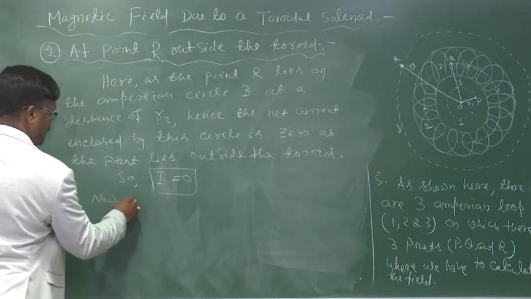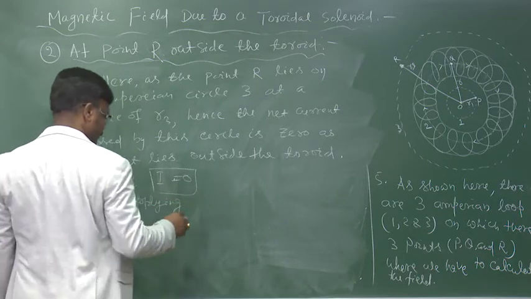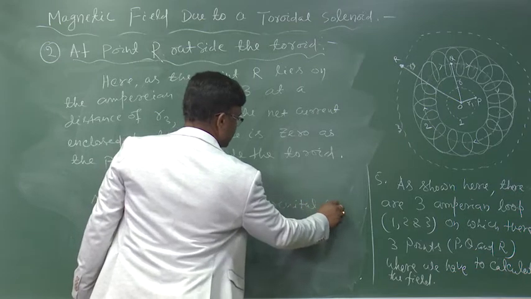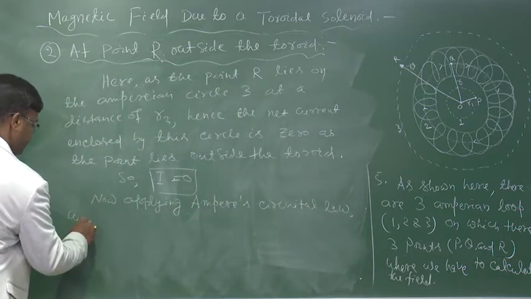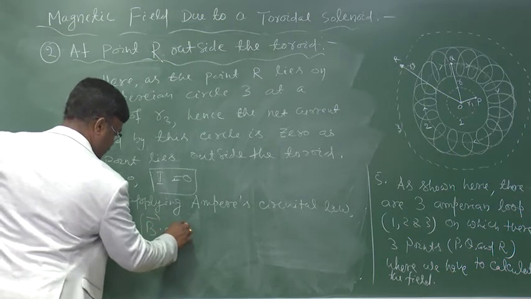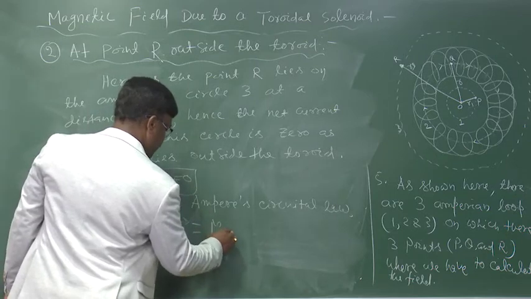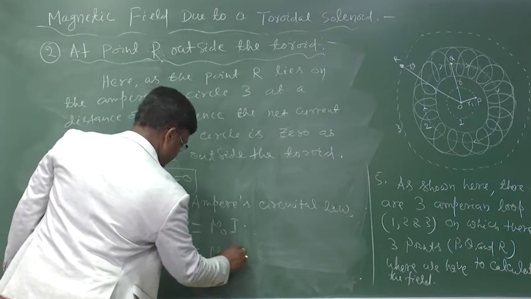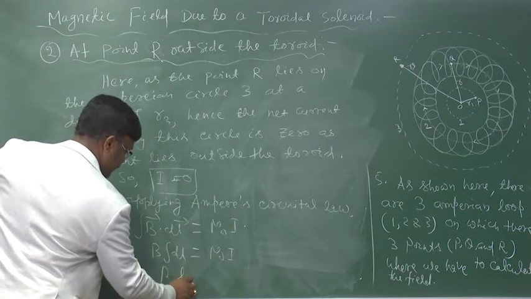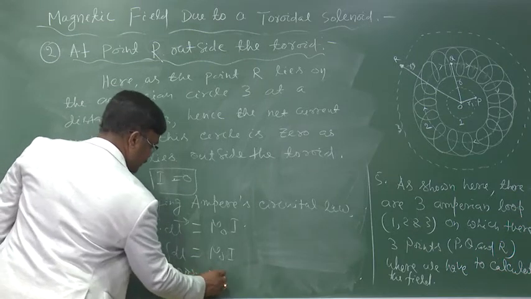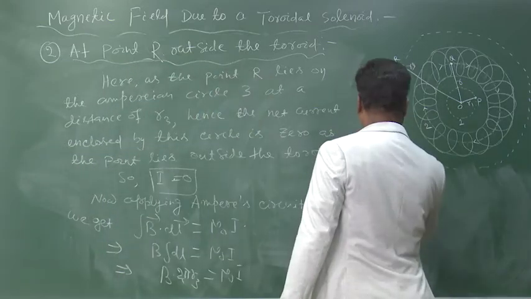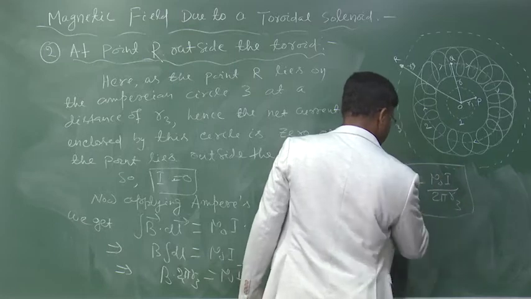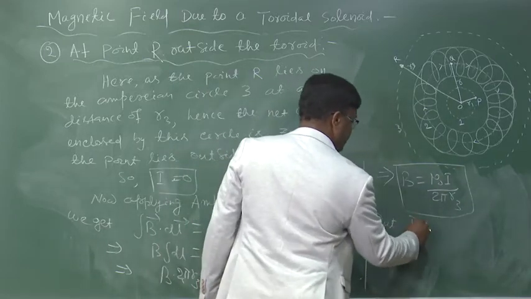Now, applying Ampere's circuital law, we get integration B dot dl equal to mu 0 I, which implies B integration of dl equal to mu 0 I, which implies B into L, and that is 2 pi R3, is equal to mu 0 I, which implies B is equal to mu 0 I by 2 pi R3, but I is equal to 0.